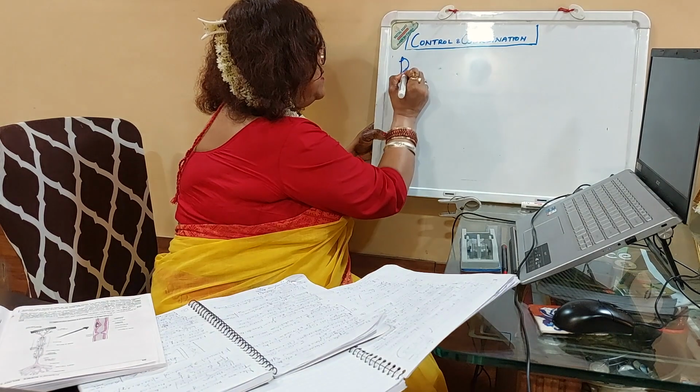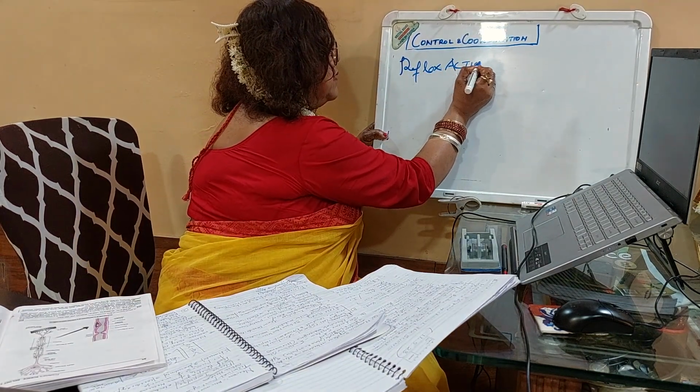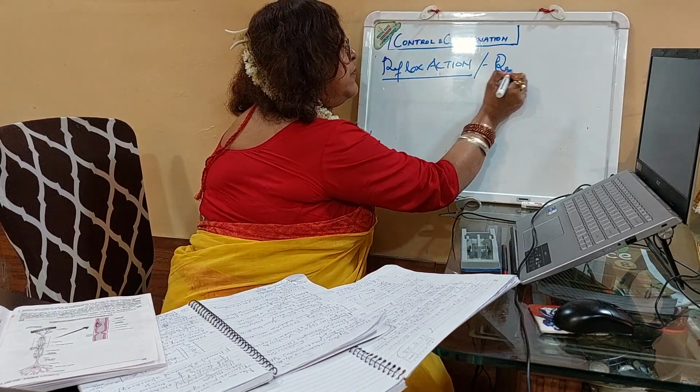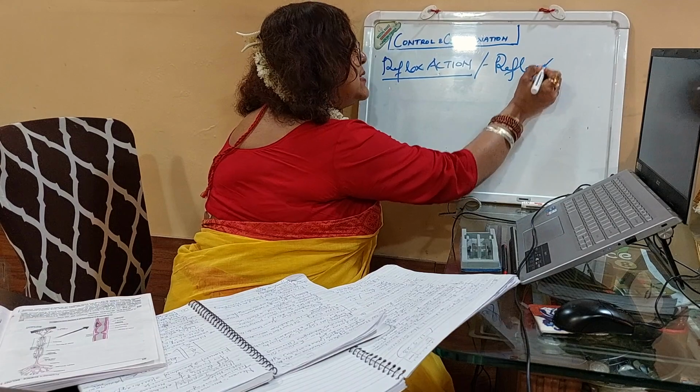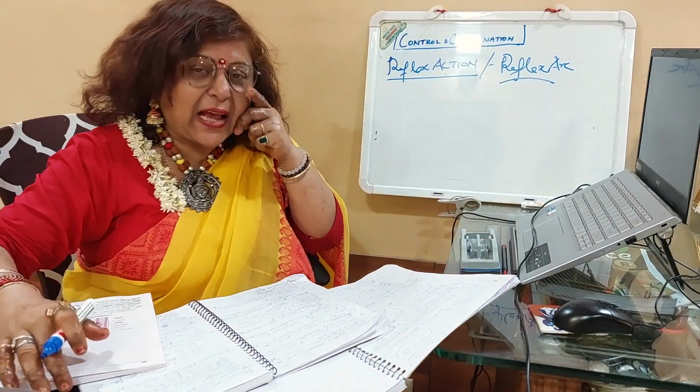I am now writing here, reflex action. With reflex action, another important word is reflex arc. Now this reflex action is a very, very important thing which takes place in the body.